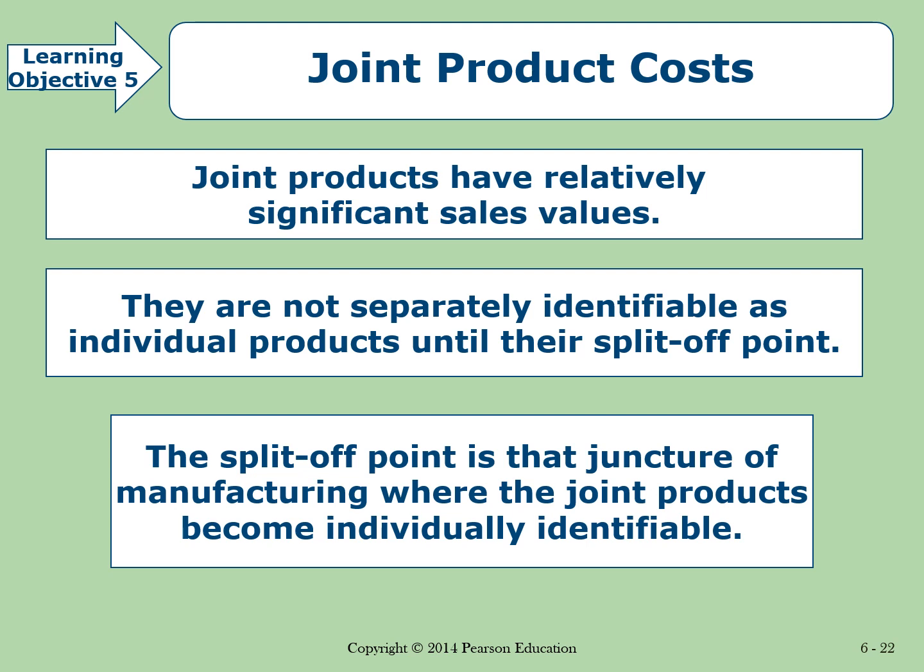So are we to sell them at split off and achieve the profit that we are going to calculate at that point, or further process them and then sell them at higher prices to achieve maybe a greater level of profit?